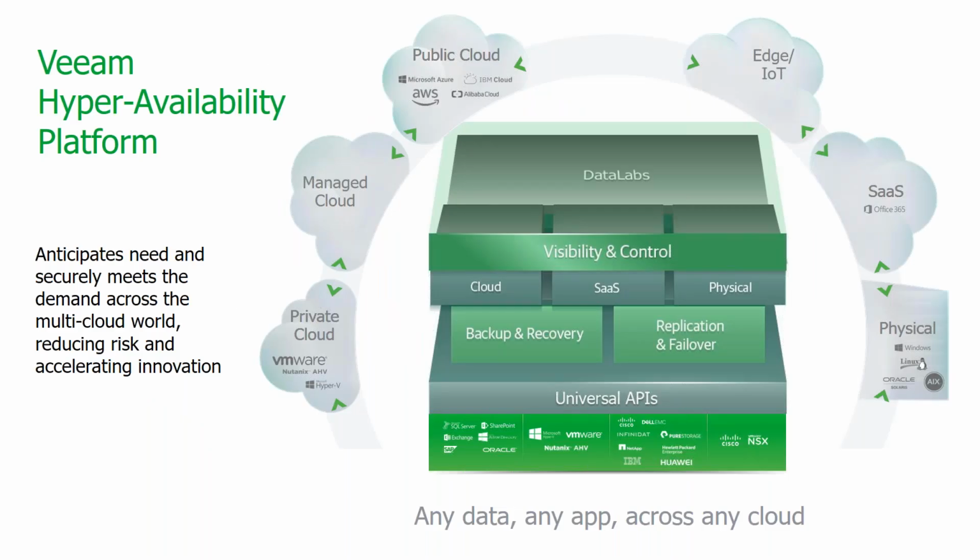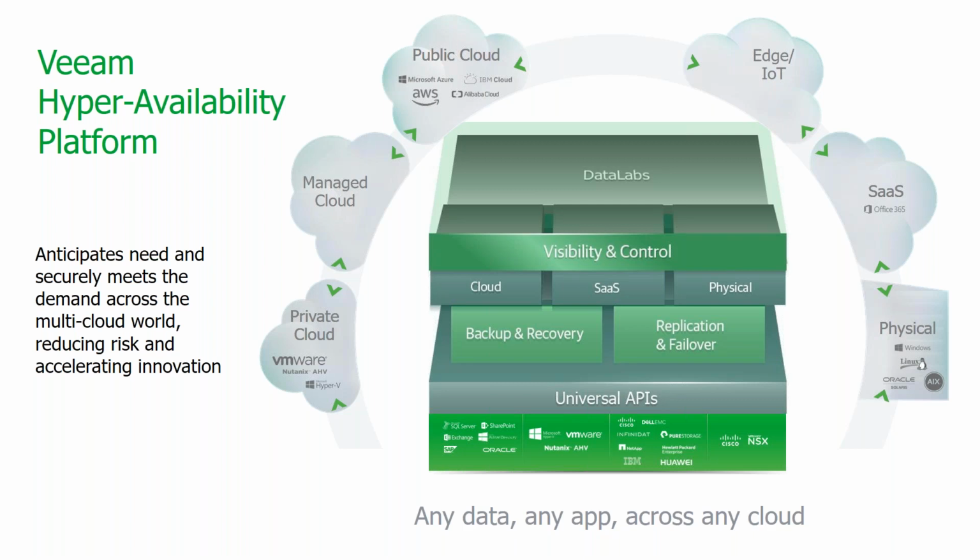And we have the Veeam hyper availability platform, which delivers that great value of data labs. So being able to leverage the data we've got from those workloads, with visibility and control across cloud, software as a service, and physical architectures.